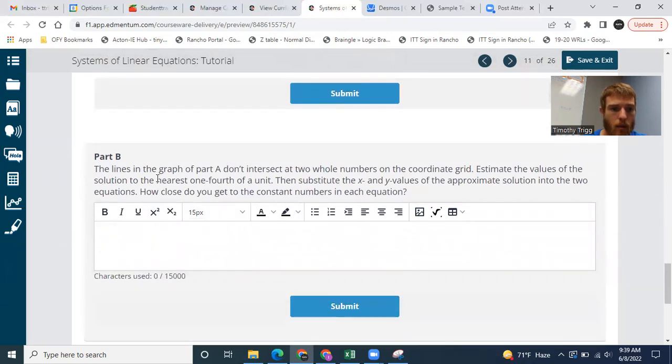Okay. The lines on the graph in part A don't intersect at two whole numbers on the coordinate grid. So in the first example we did, they crossed at some nice numbers. It was like (4,7) or something, right? But this one crosses at more weird numbers, essentially, right? So estimate the values of the solution to the nearest 1/4 of a unit.